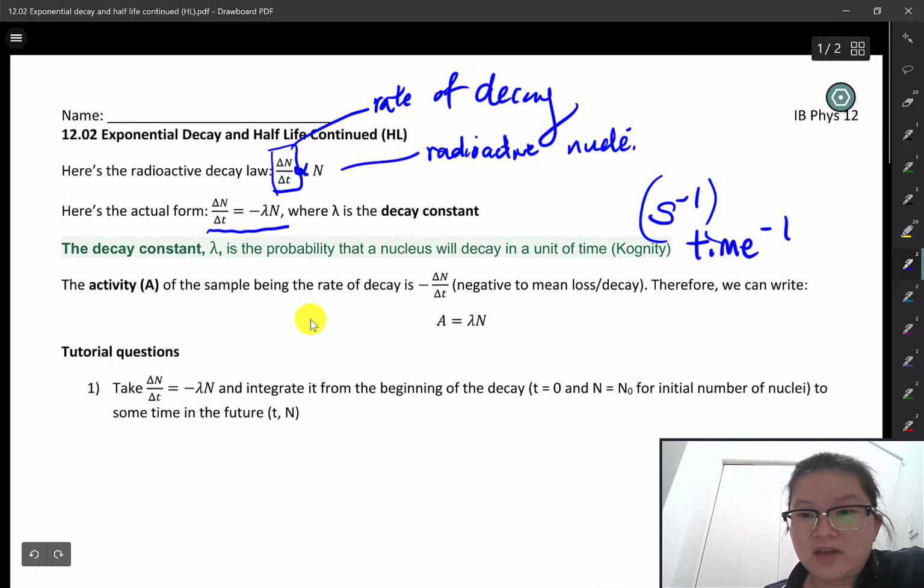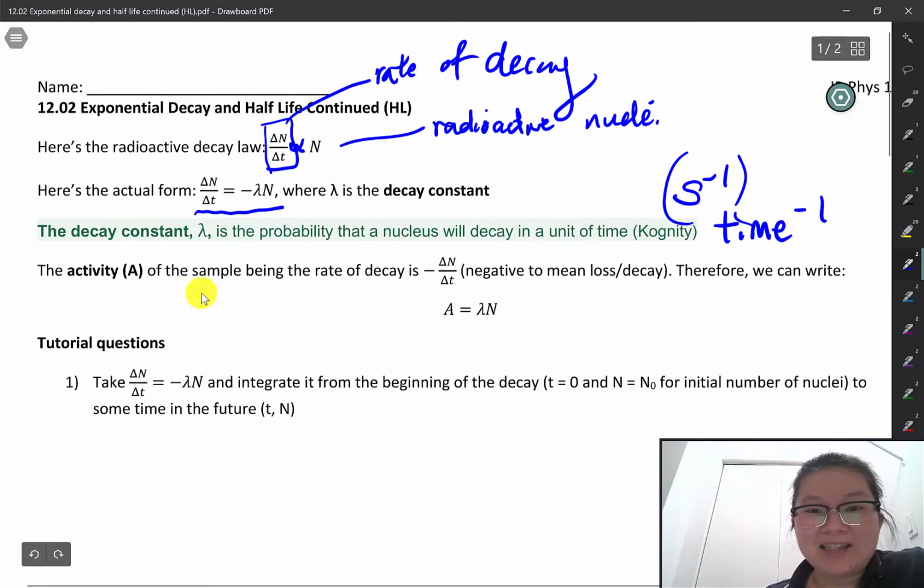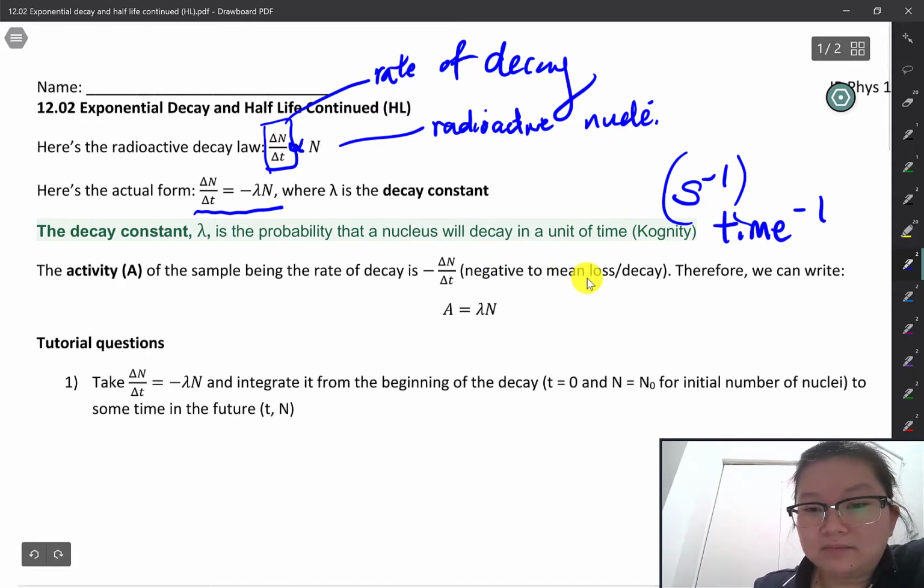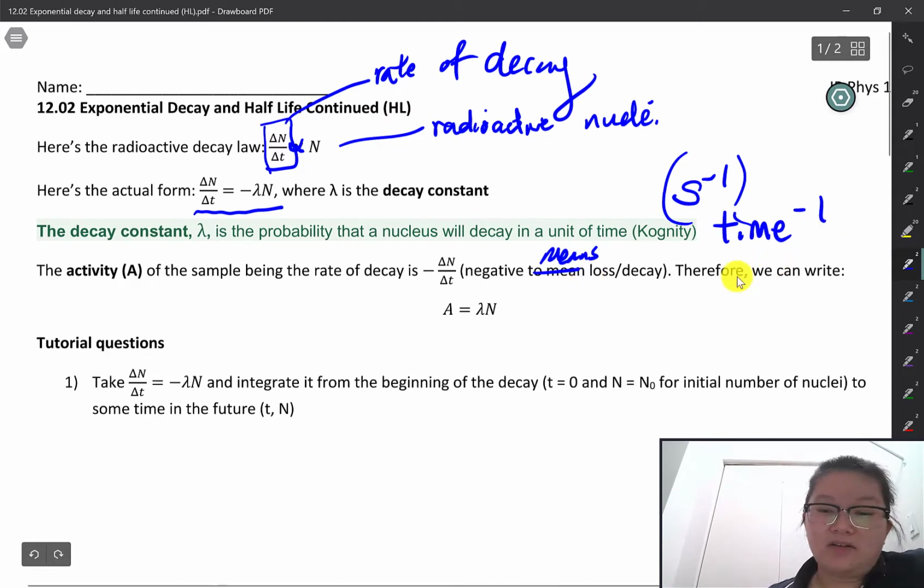The other term that you need to be aware of is the activity of the sample. The activity of the sample is essentially this over here, delta N over delta t. It is the rate of decay. So this negative just means loss, okay? It's not gain or anything, okay?